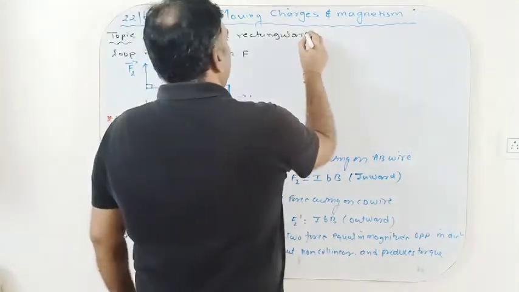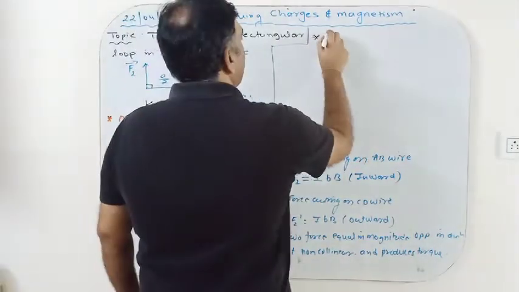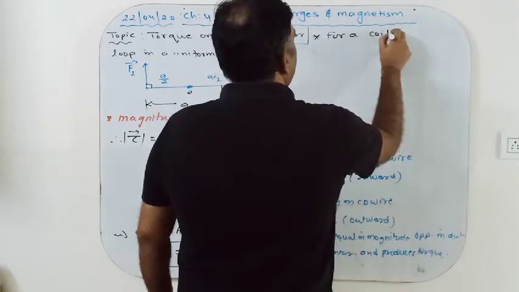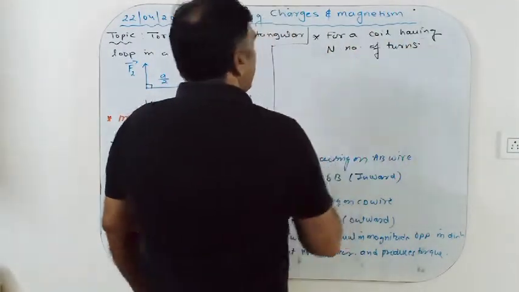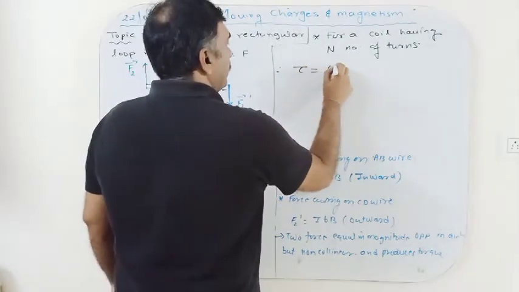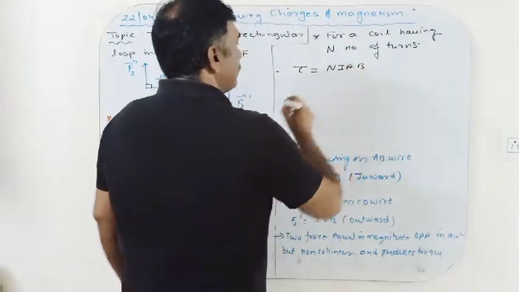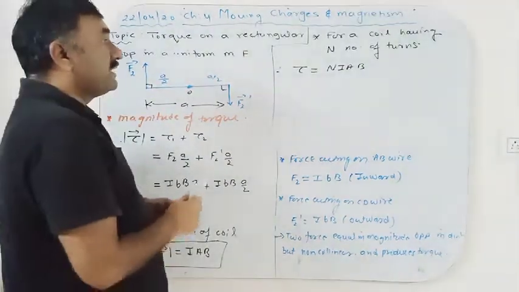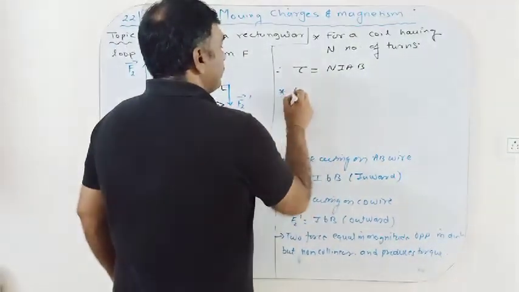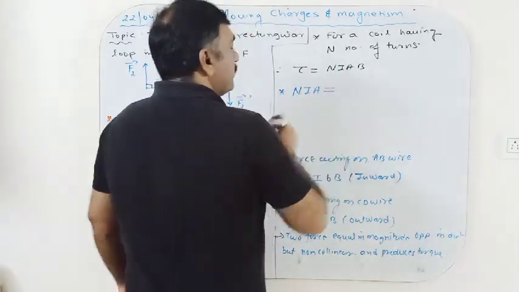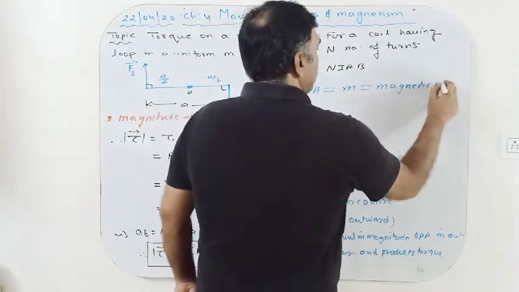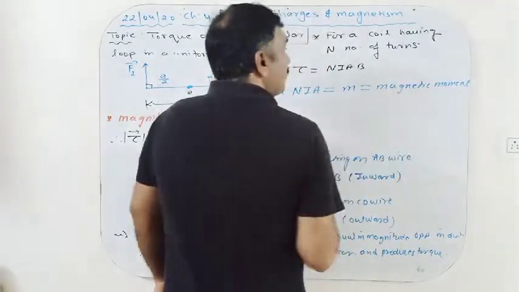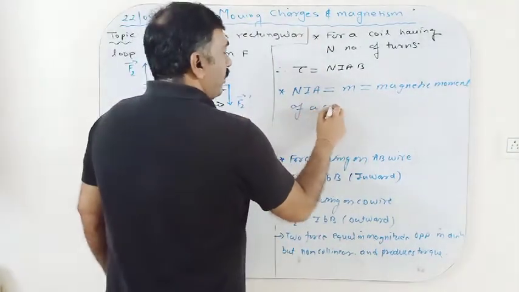And if the coil has capital N number of turns, we can write tau is equal to NIAB. The physical quantity obtained here, NIA, is known as M, the magnetic moment of a coil.